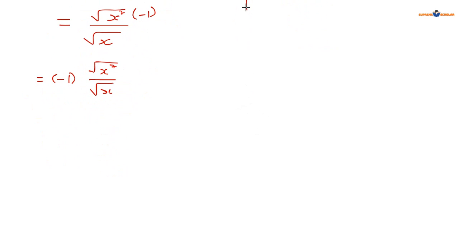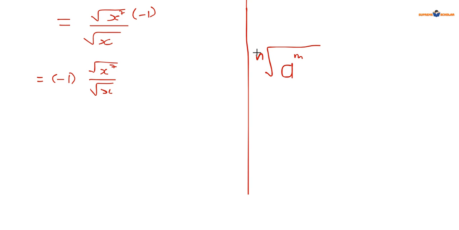Let's see. Now we need to know another exponent law. There's an exponent law that says if you have any number a to the power of m, where m is any number, and you take the nth root. What do I mean by the nth root? Well, normally we have the square root, and then this number is going to be 2. It could be a cube root, 3, a fourth root, fifth root, sixth root, seventh root.